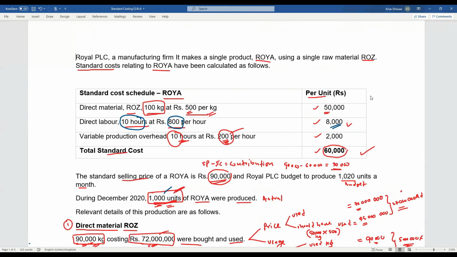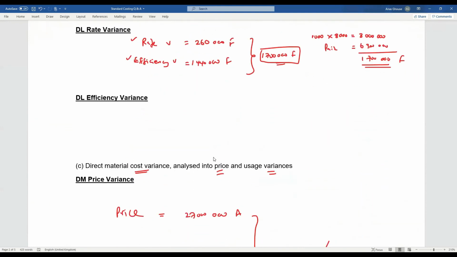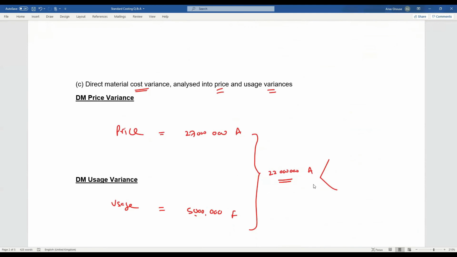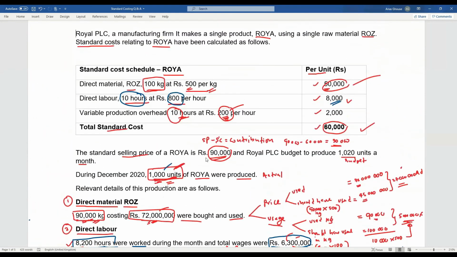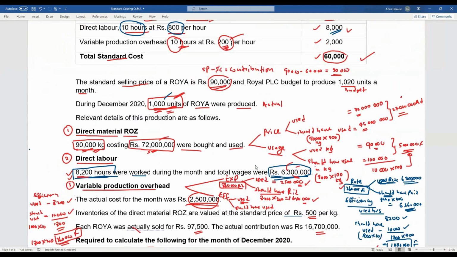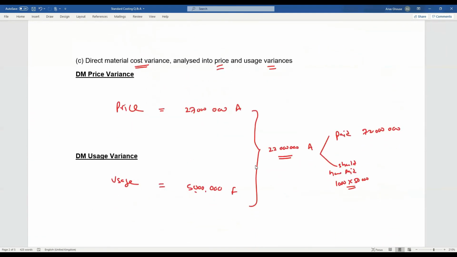To produce 1,000 units, our standard cost was 50,000, so 50,000 times 1,000, that is 50 million.